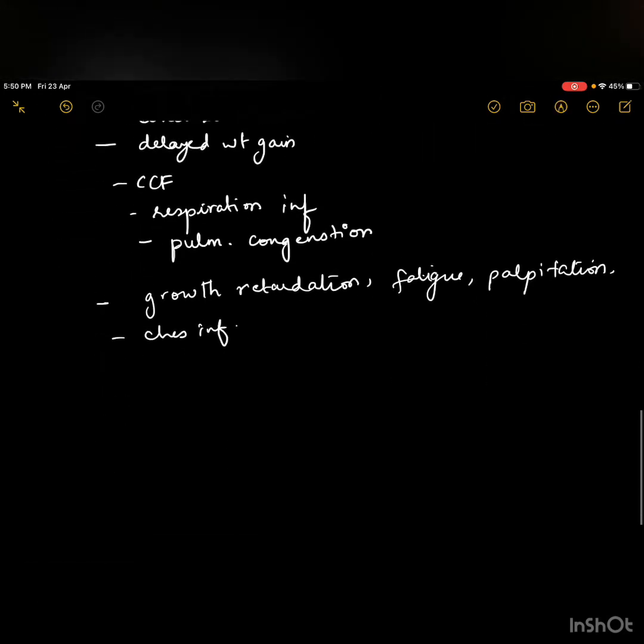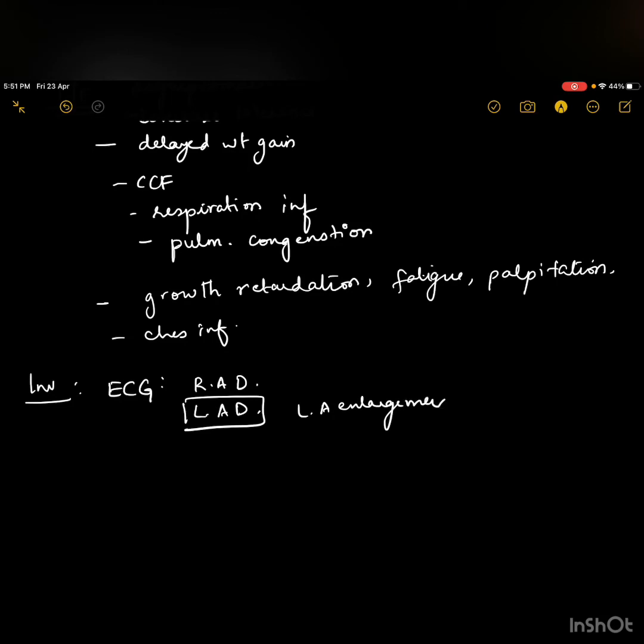So what are the investigations that can be done to detect this? First, obviously, ECG. In an ECG, we can find a right axis deviation, and we can also find left axis deviation, and this depends on the size of the VSD. Most commonly we see a left axis deviation in smaller ventricular septal defects because there's left atrial enlargement because of increased blood returning to the left atrium.